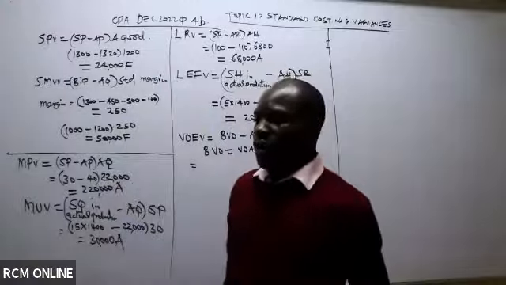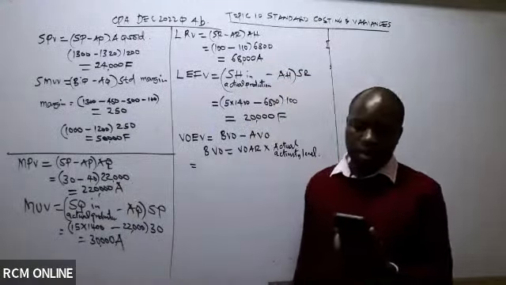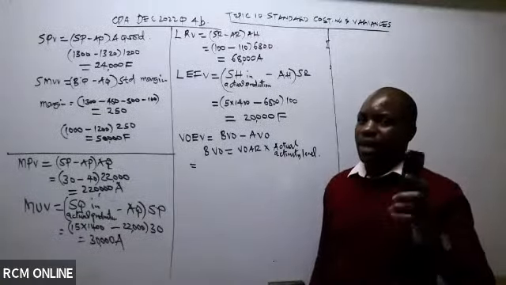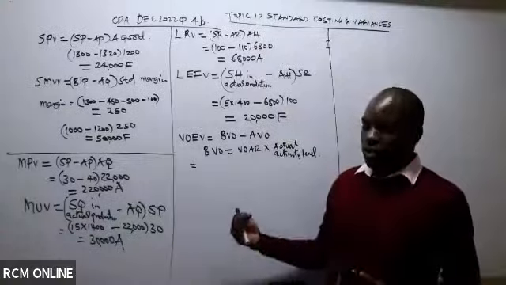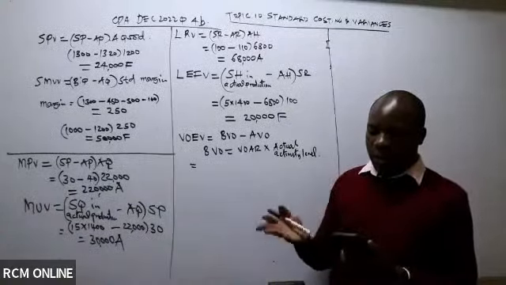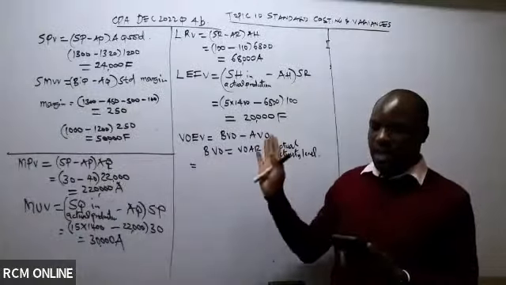What is the variable overhead absorption rate? It is the rate being charged per activity level. As per the standard, we have 5 hours at 20 shillings per hour, giving us 100 shillings.